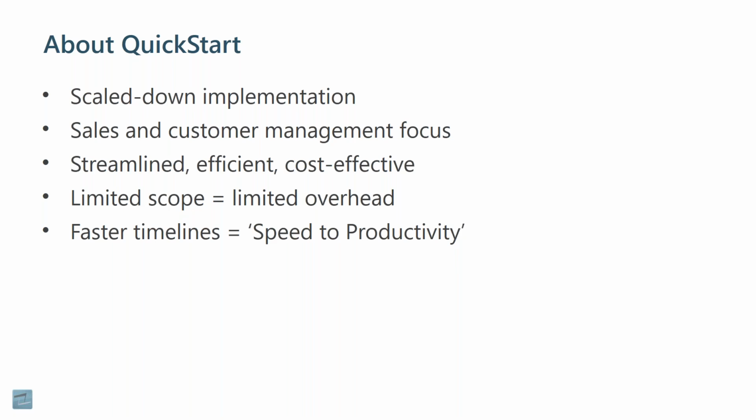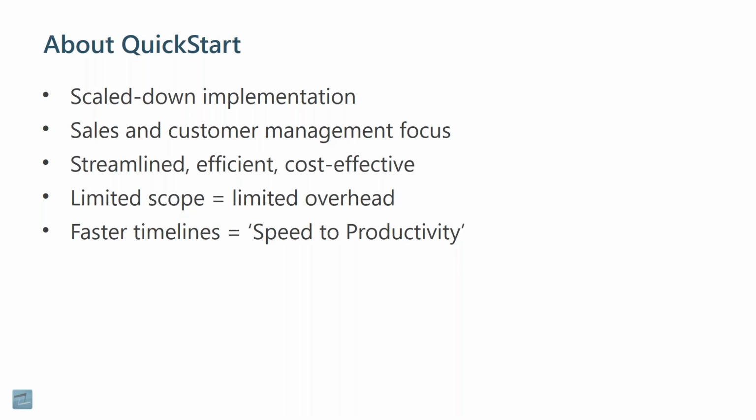So while it is scaled down, it does focus just on sales and customer management. We're looking at working with accounts and contacts, so your customers, and then looking at more pipeline-centric pieces of sales management, so leads, managing leads and moving to opportunities.